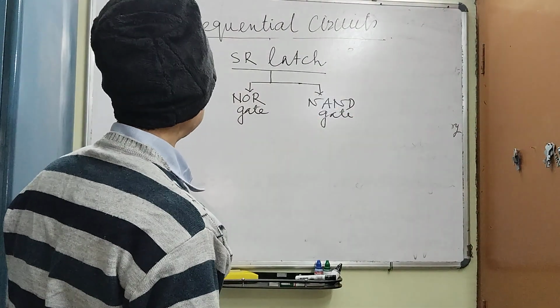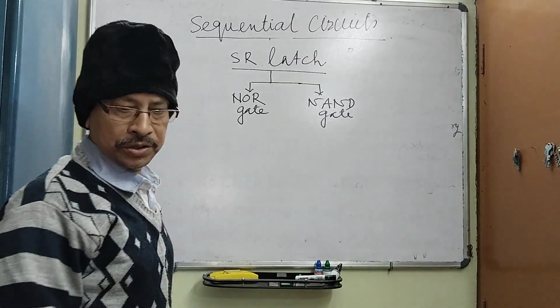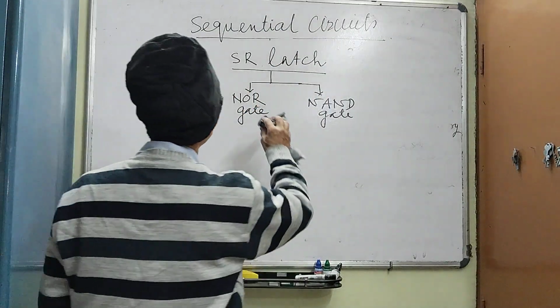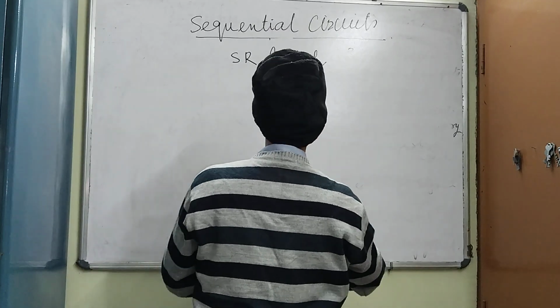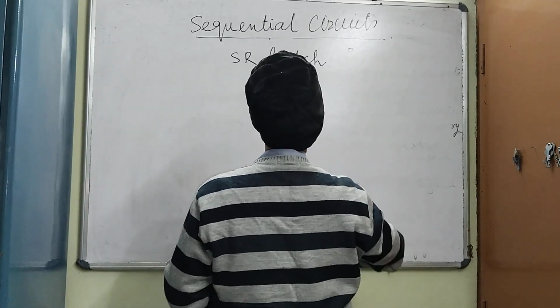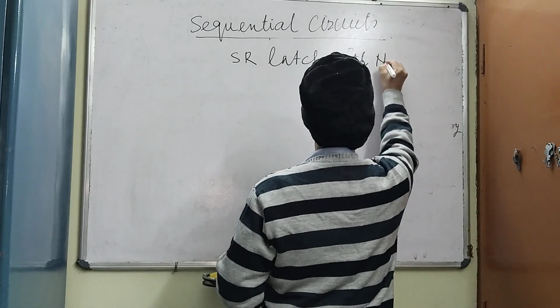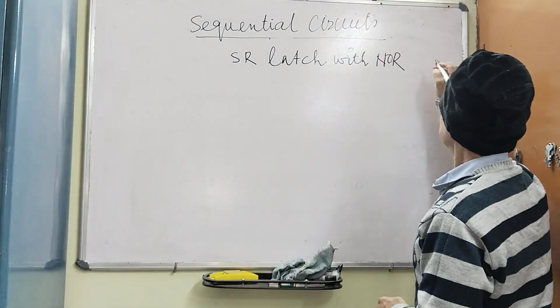First, we discuss the SR latch with NOR gate, and then I will discuss the SR latch with NAND gate. First, the SR latch with NOR gate. That is, we construct the latch with NOR gates.